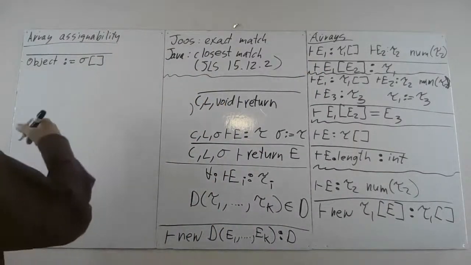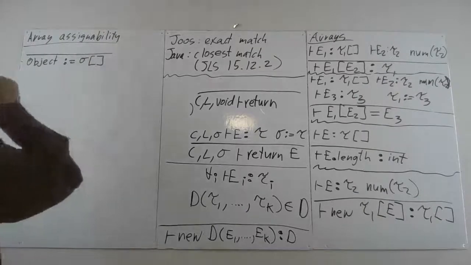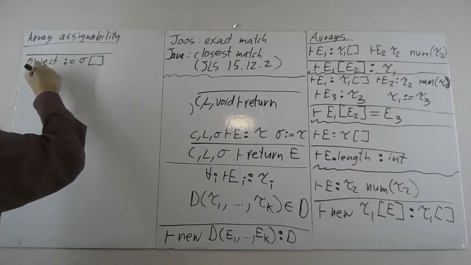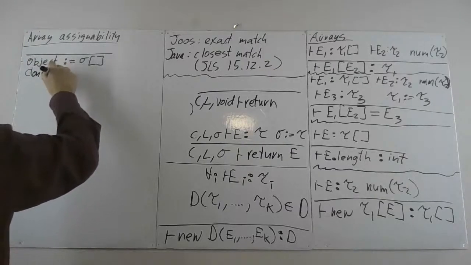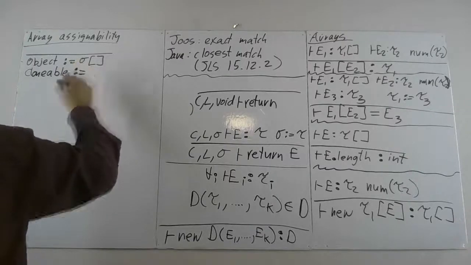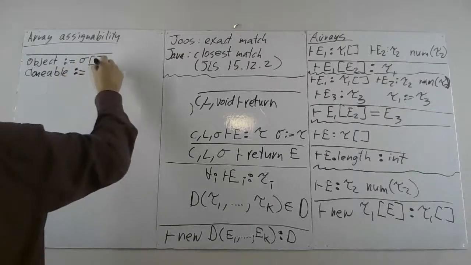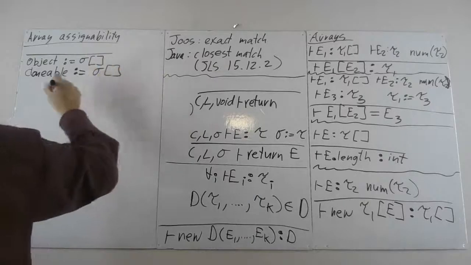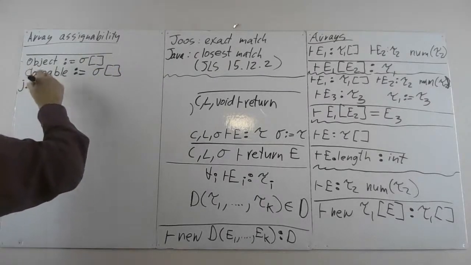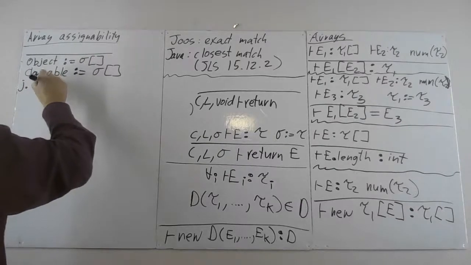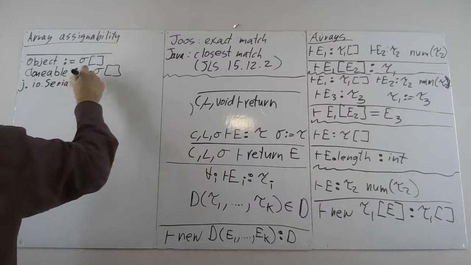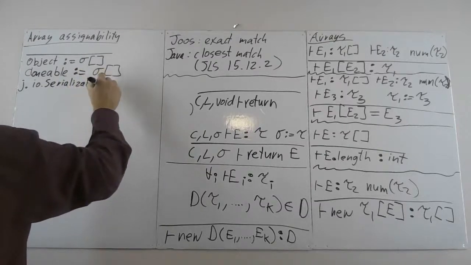Okay, and the other weird thing is the Java spec also allows you to assign an array to a variable whose type is java.lang.Cloneable, or java.io.Serializable.